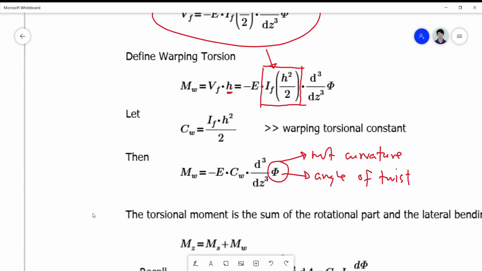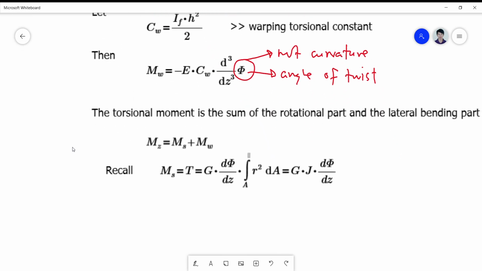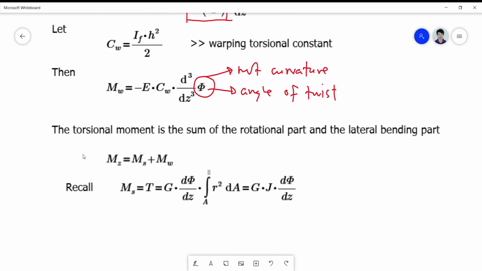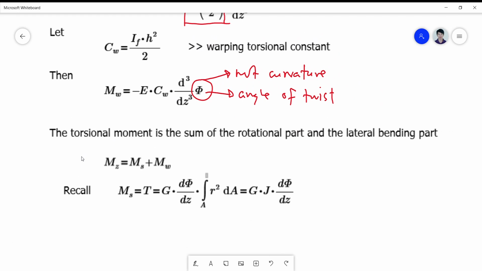So the torsional moment now of the whole section is simply a sum of the rotational part and the lateral bending part.